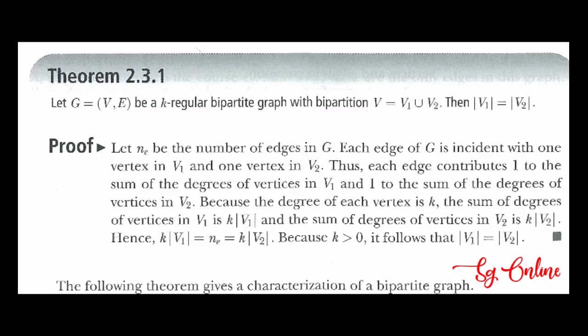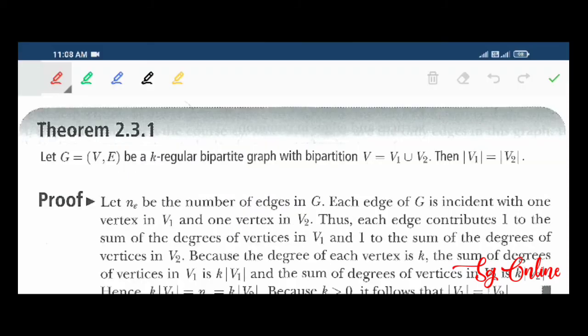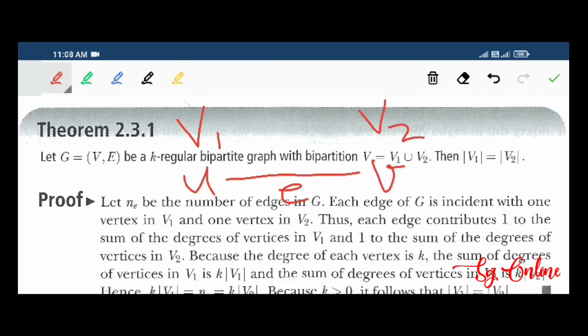So if the bipartite graph is a k-regular bipartite graph, then the number of vertices in V1 is the same as the number of vertices in V2. These are called equipartite bipartite graphs. The proof is very simple. Every edge in the bipartite graph has one endpoint in one partite set and another endpoint in the other partite set.